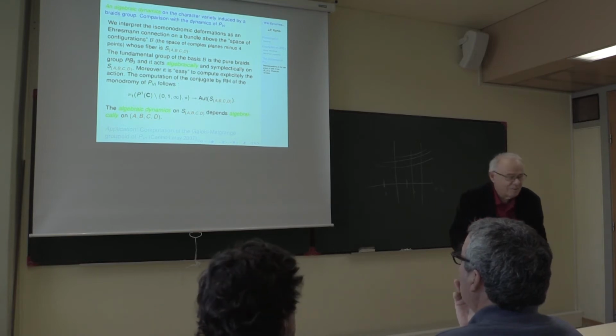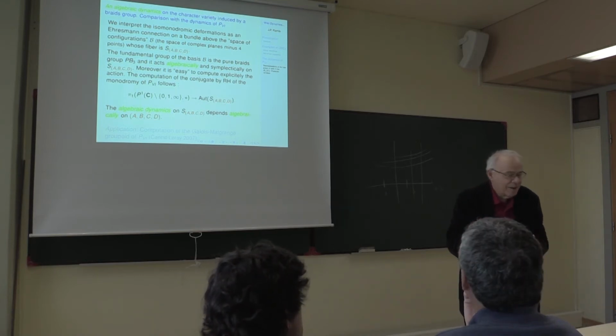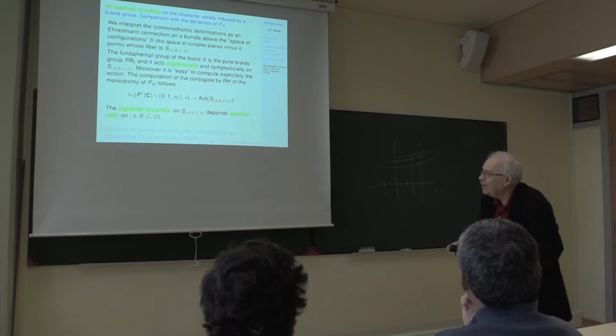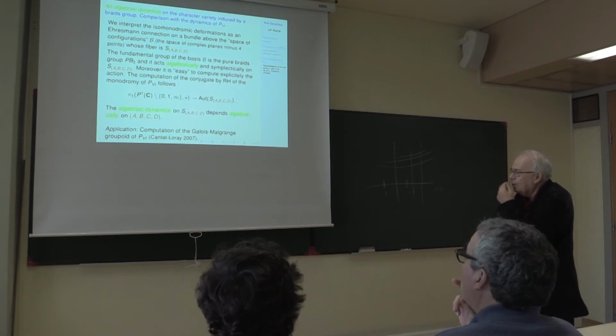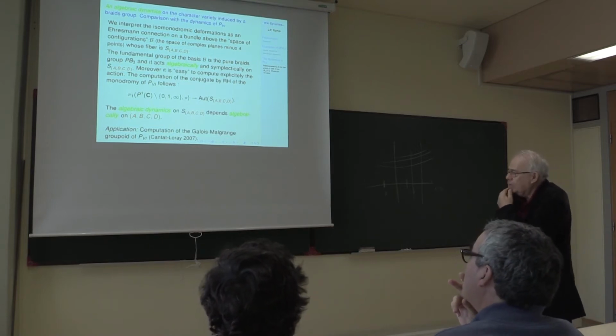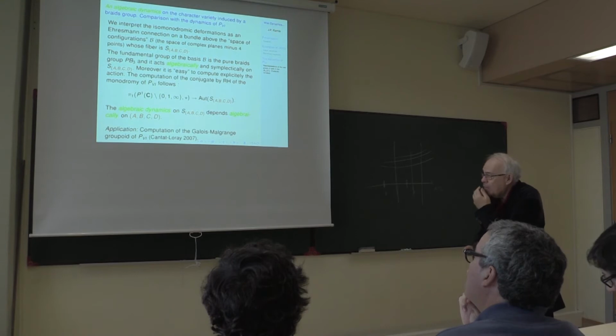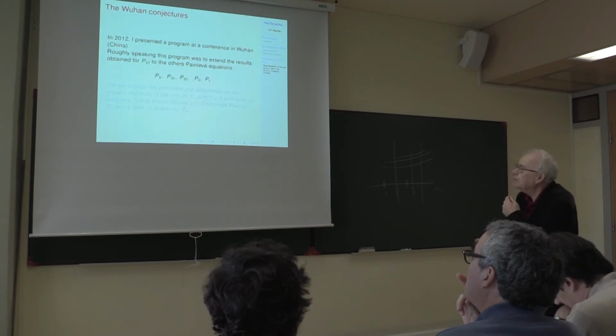It's a little bit strange because in the literature, it's called an integrable equation. So it's an integrable equation, perhaps, but the dynamic is not far from being integrable. It's chaotic. And in particular, you can use this business to compute the Galois-Malgrange groupoid of P6.